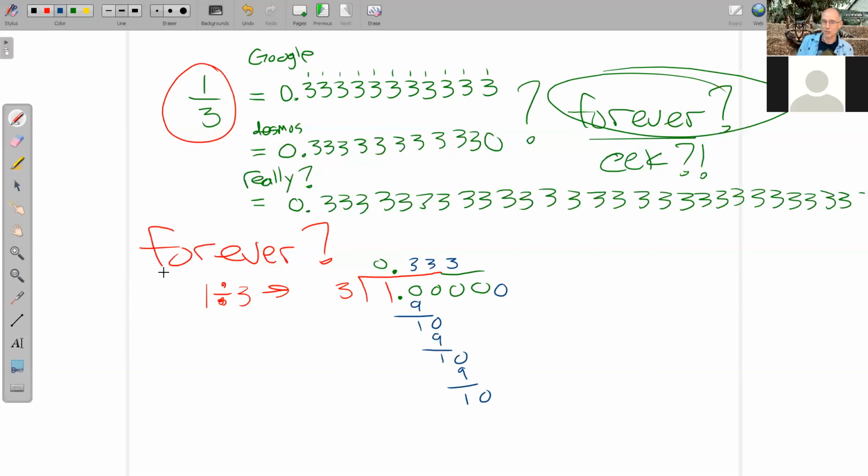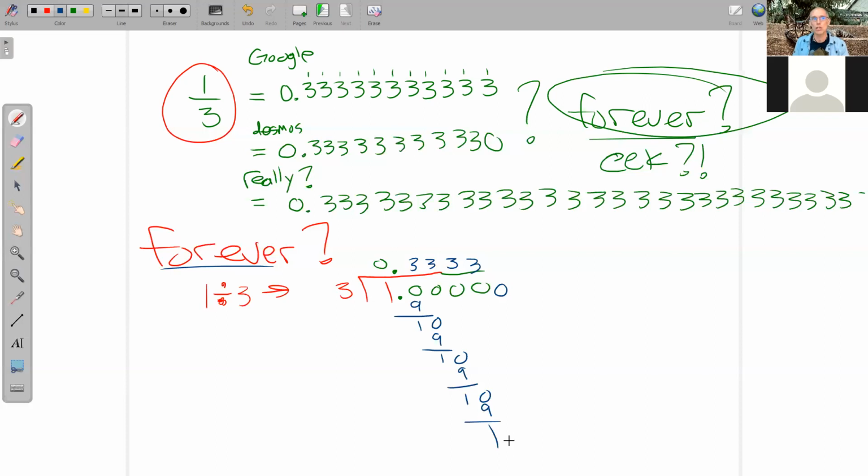Now, I literally can't go on forever. So that isn't ethical, is it? No, it's a philosophical debate. But I don't want to go there right now. But I do have this problem: I always get a remainder of 1, and it's always 3 times 3 is 9, which is as close as I can get to 10 without going over, and I still get that remainder of 1. And interesting, what's repeating here?